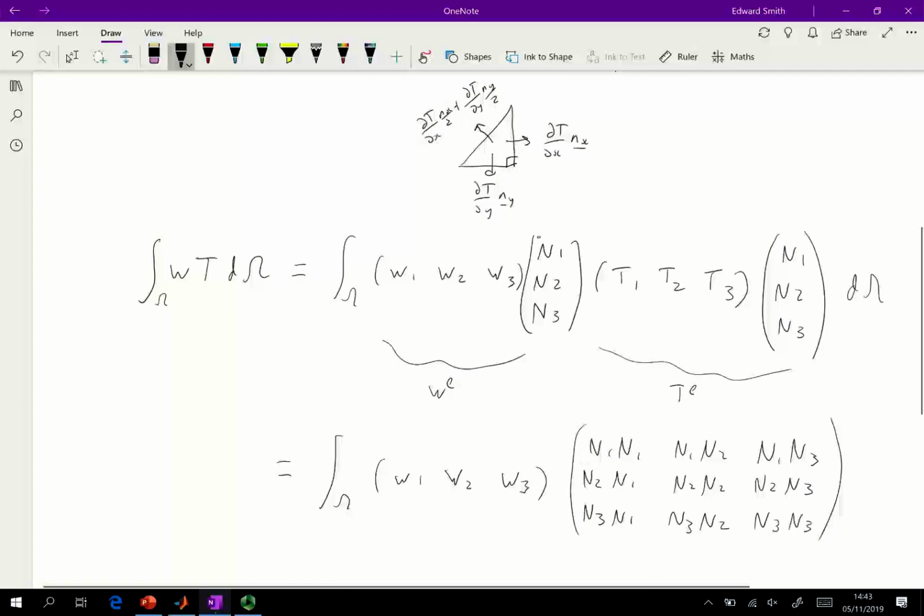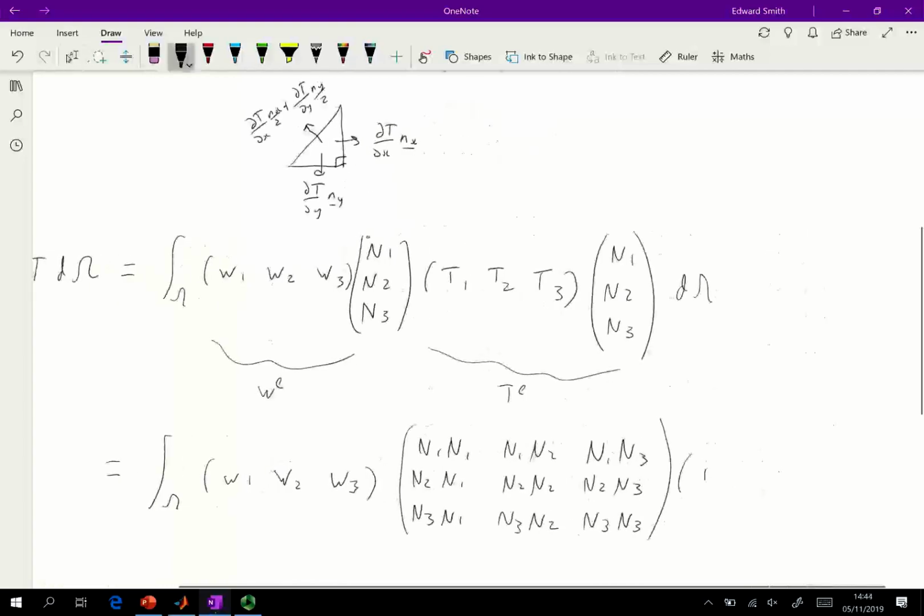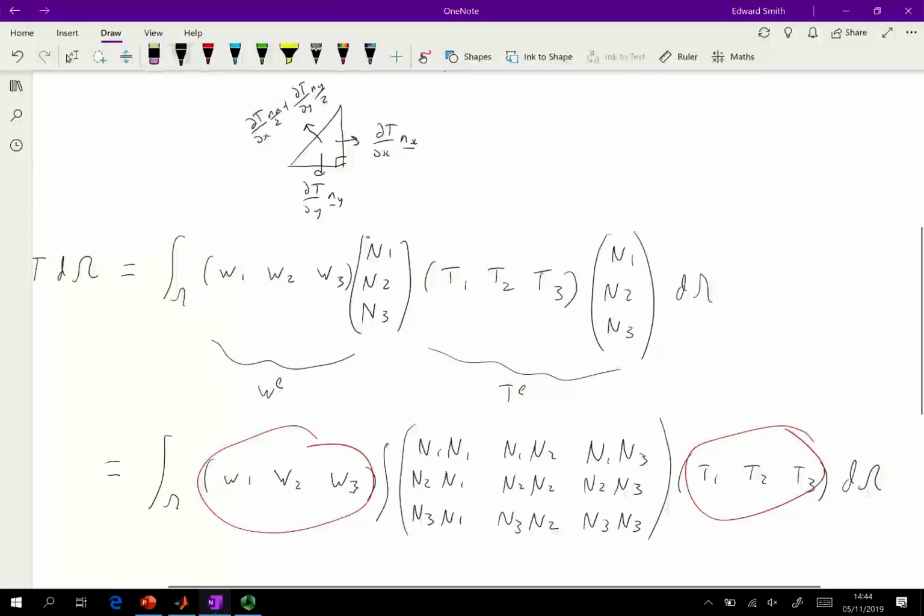And then this is times t1, t2, t3, d omega. These two expressions are constant here and here, so the process becomes one of integrating just this, d omega. We just want to integrate this expression of the product of these shape functions.